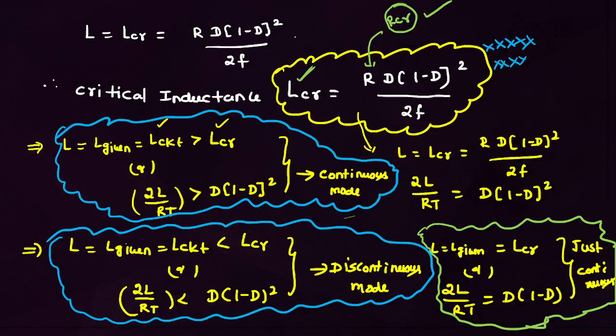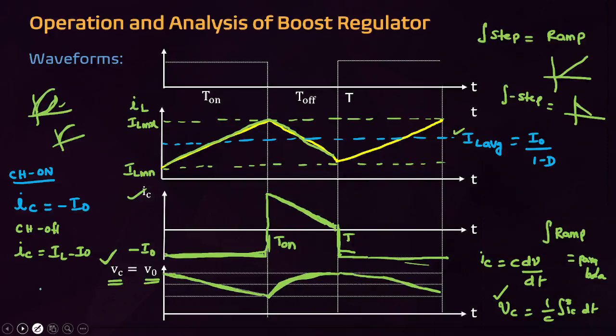If L given is greater than L critical, then it is a continuous mode. If L given is less than L critical, then it is a discontinuous mode. If L given equals L critical, then it is just continuous. These conditions were already given for the buck regulator also.